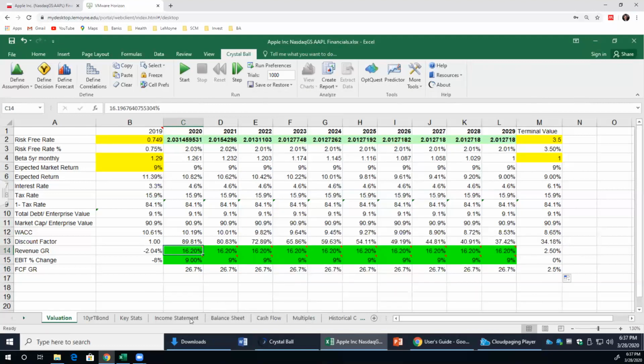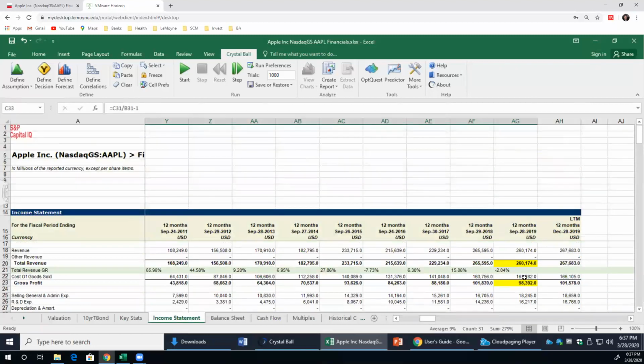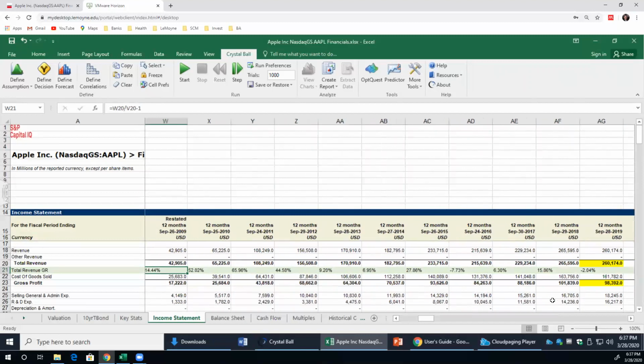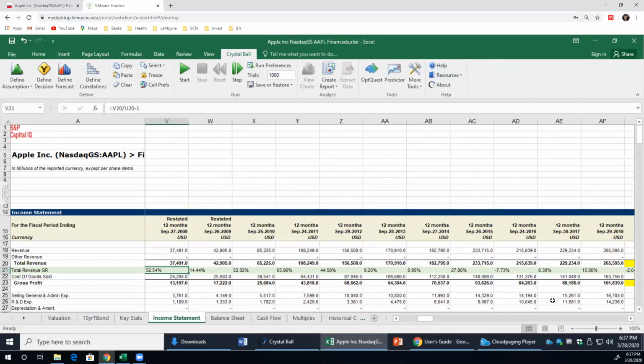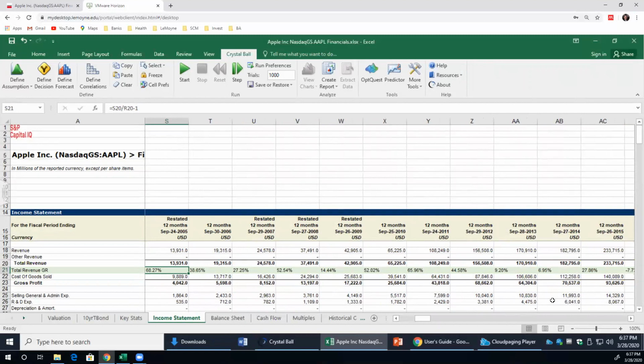If you go to the income statement and look at the last years' revenue change, I see a decrease of 2%, an increase of 15%, as low as negative 7.7%, and as high as an increase of 60%, 50%. However, what I would like to do is put a ceiling and floor.